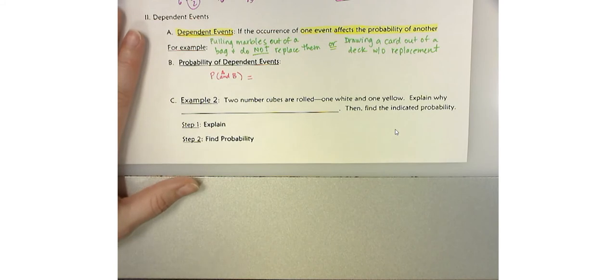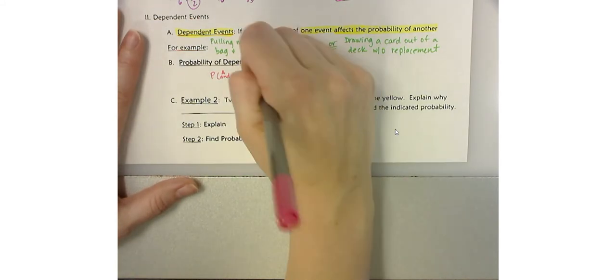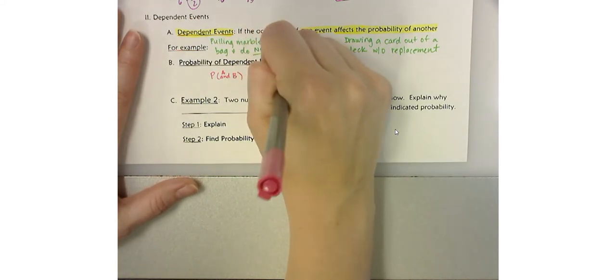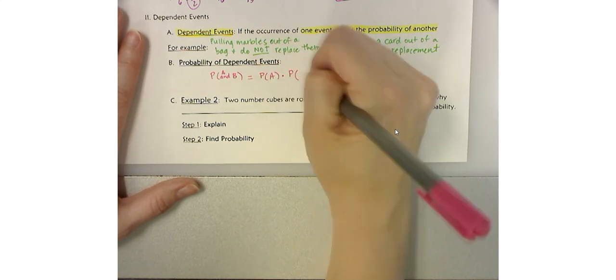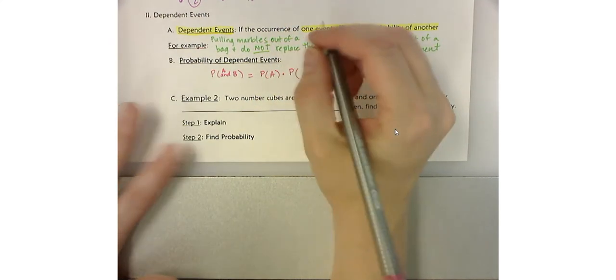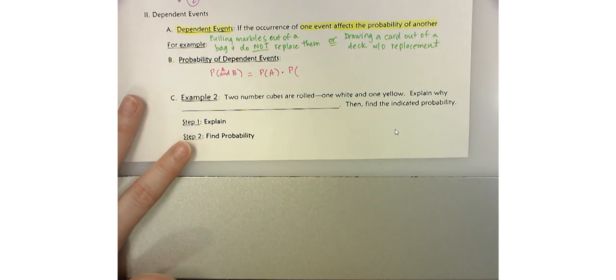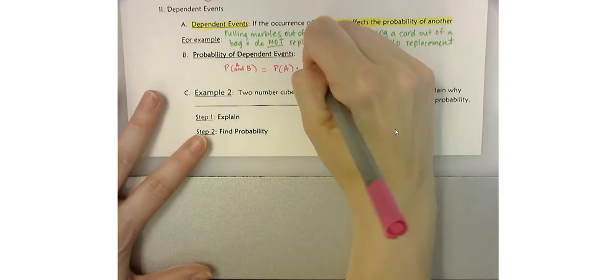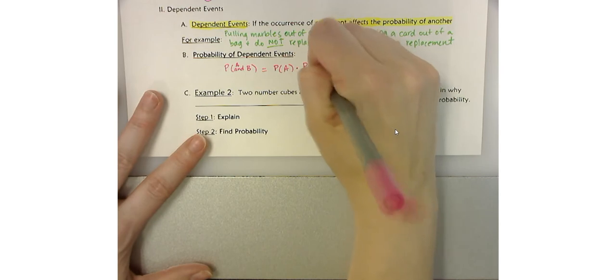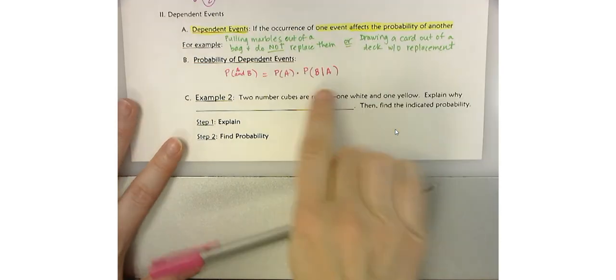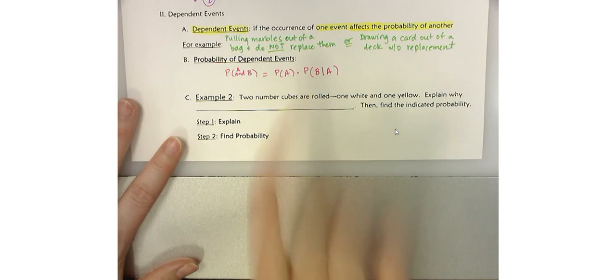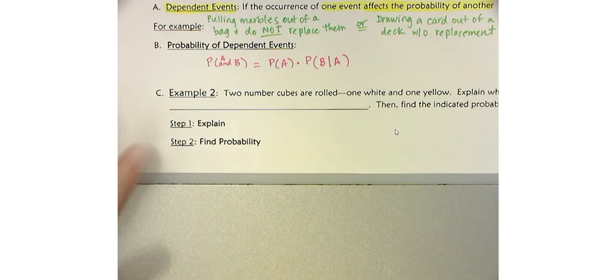It means B given A, or you can even think of it as the "such that." So B such that A happens, kind of similar to what we use in our set builder notation. So what that means is the probability of B given that A has occurred.